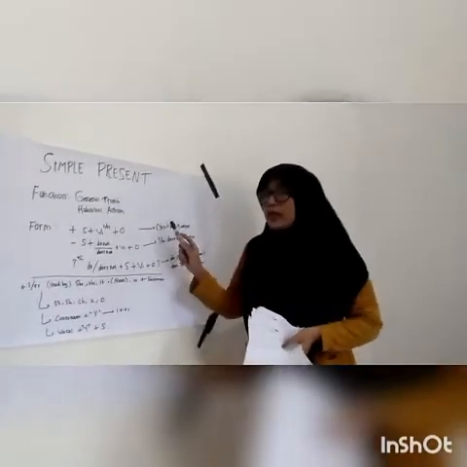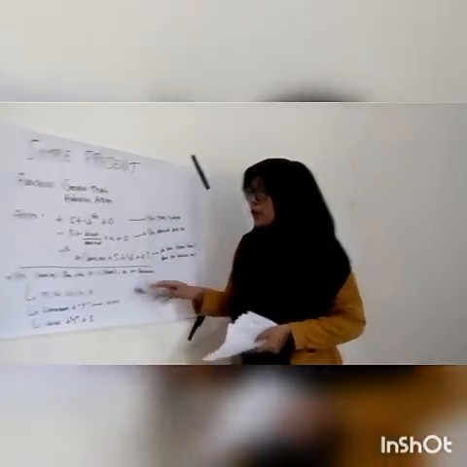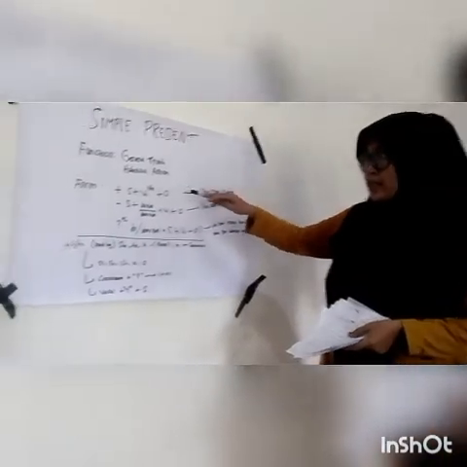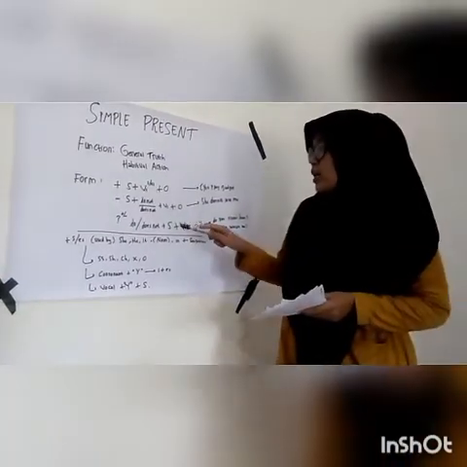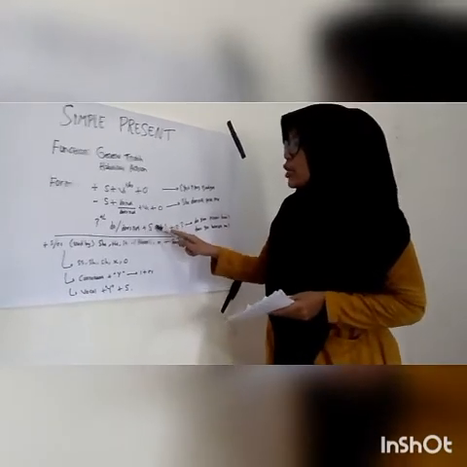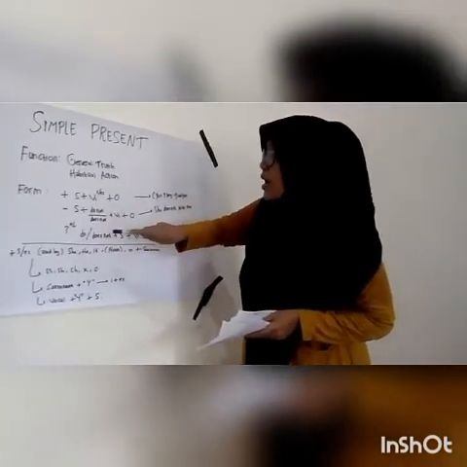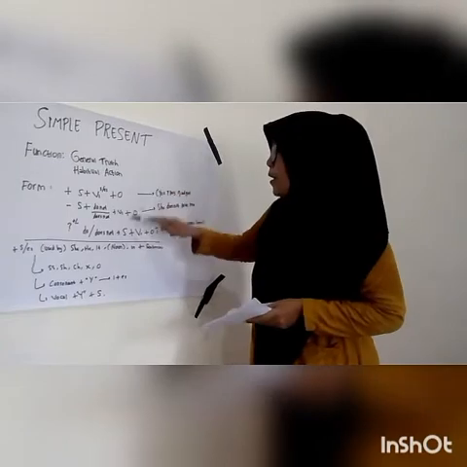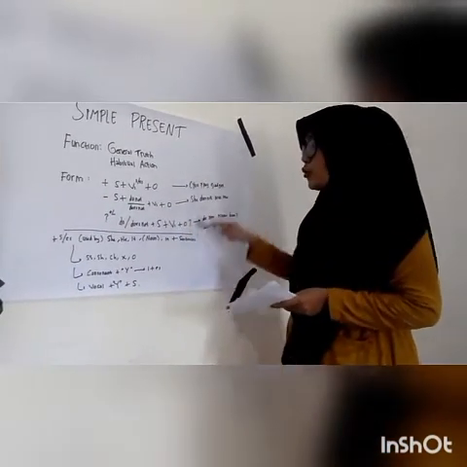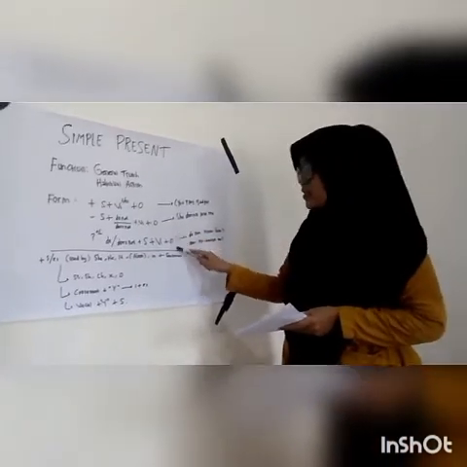Okay, so next I want to explain to you about interrogative in the simple present tense. Does or do, or don't, you move in front of the subject plus verb 1 plus object. Don't forget about that.